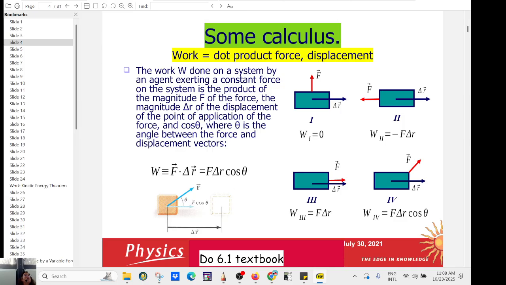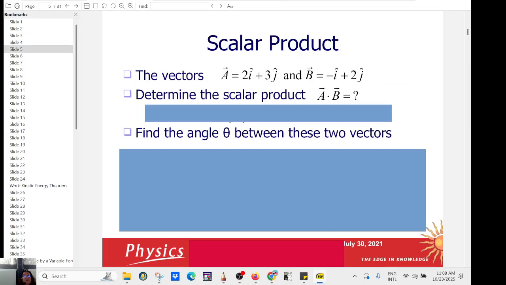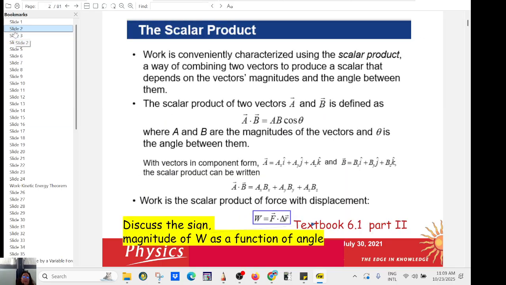That tool will be the dot product. Okay, so now there is another definition. So you have two definitions for the scalar product, the dot product. Either you say it's magnitude of A times magnitude of B times the cosine of the angle between A and B, or you can use the components.